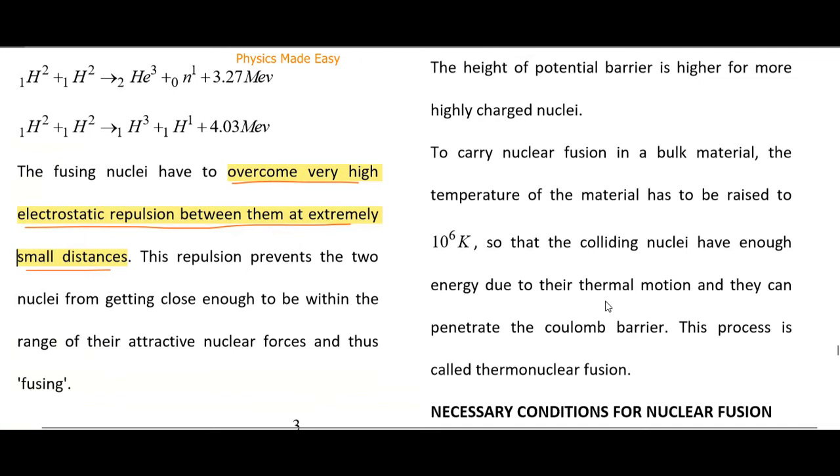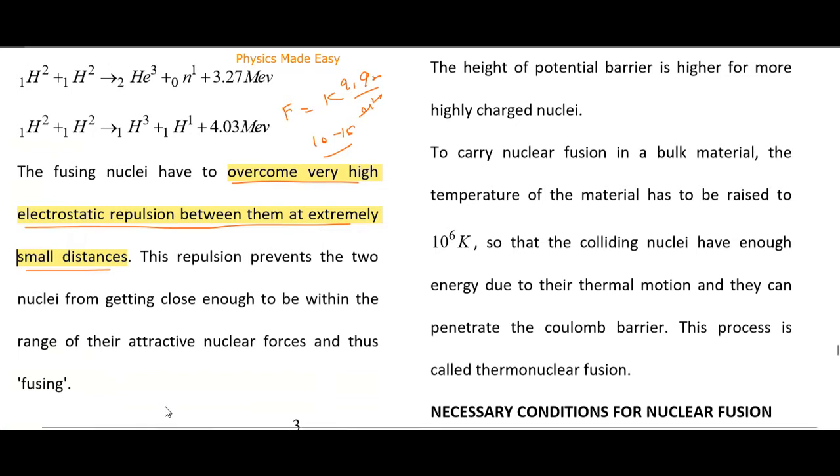When the distance is of the order of a Fermi, that is 10 raised to power minus 15, it goes in the numerator as 10 raised to power 30, and the force will be very large, which we need to overcome.